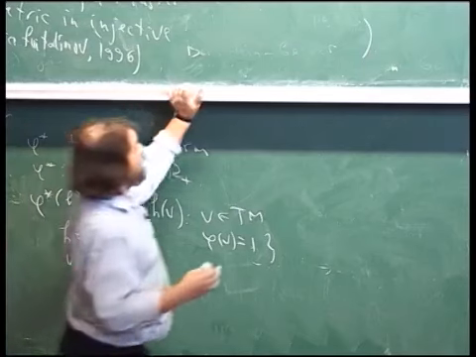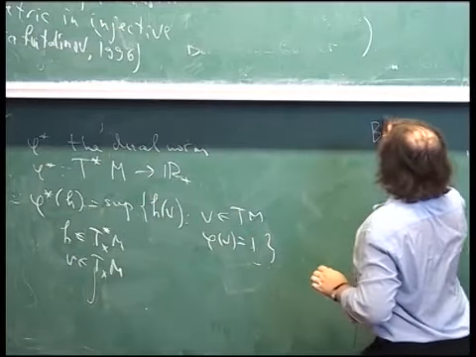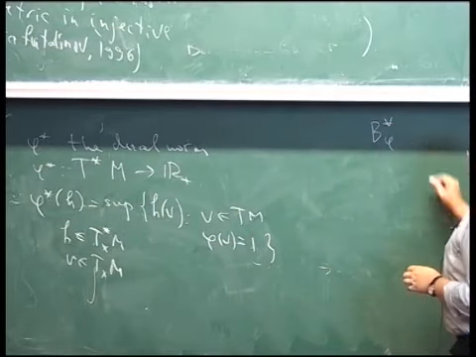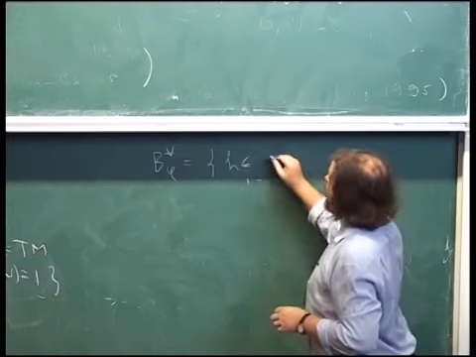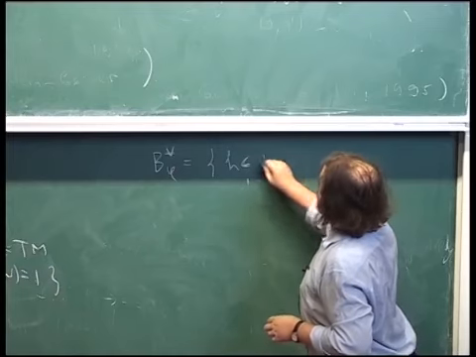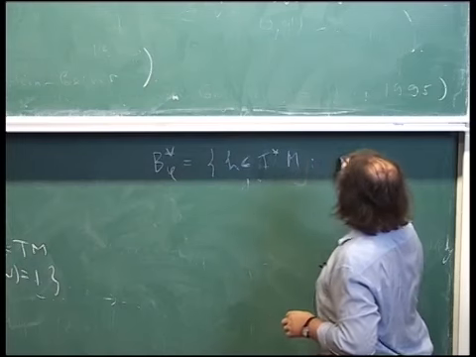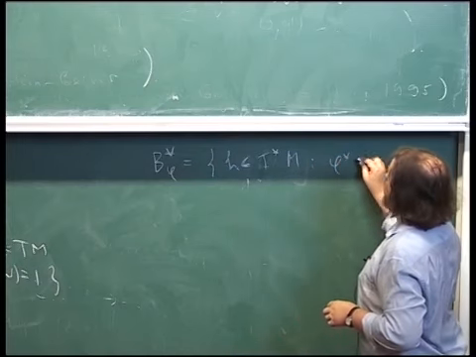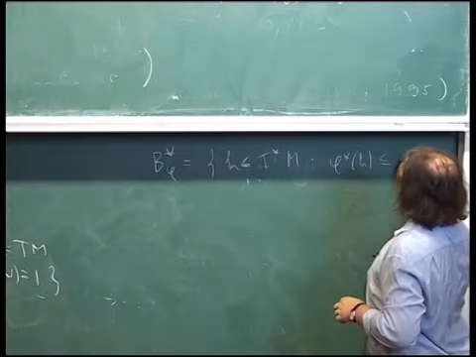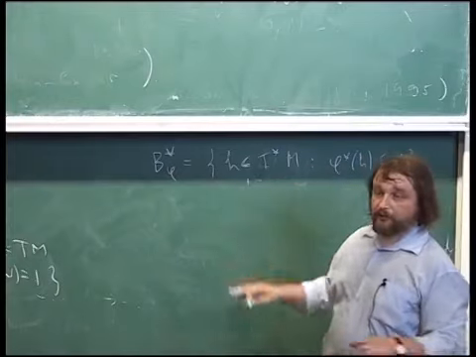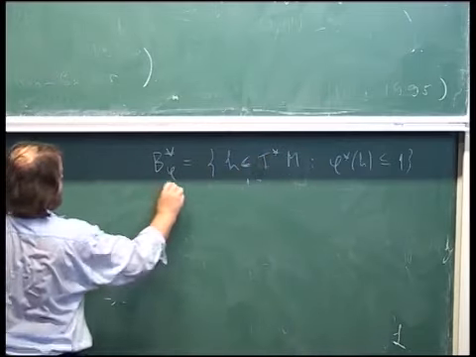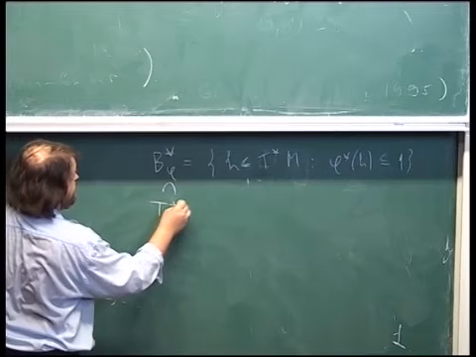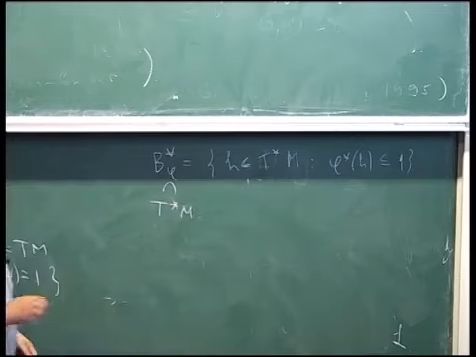So let me define B star of phi as the set of all covectors of norm at most 1. This is a bundle of unit balls, and it is contained in the cotangent bundle.